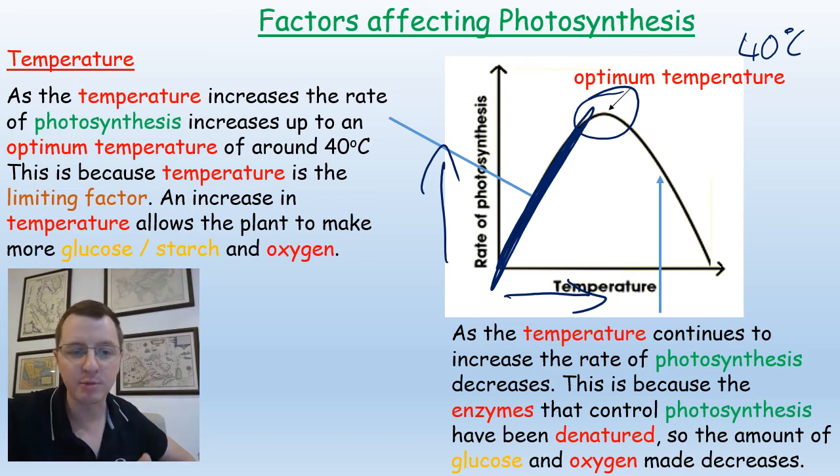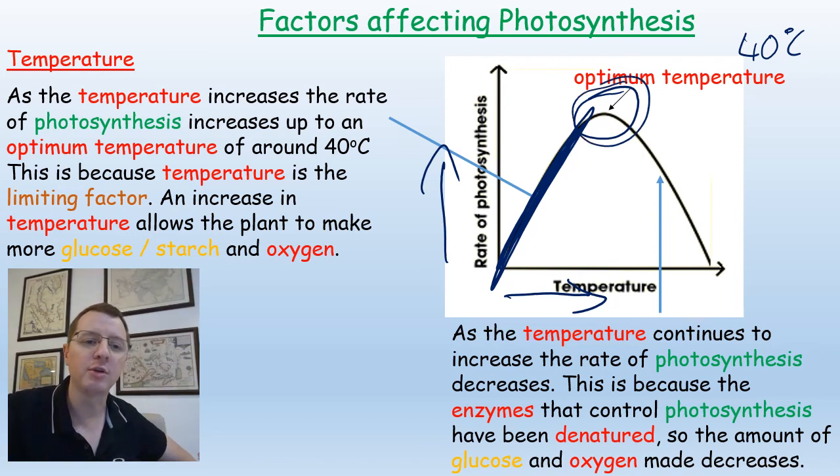An increase in temperature allows the plant to make more glucose and more oxygen. And this is because of basic chemistry and basic kinetic theory. The higher the temperature, the faster the molecules are moving, the greater the likelihood of having a successful collision between all the molecules involved in photosynthesis. So the higher the temperature, the more successful collisions you're going to have and the more products you're going to make.